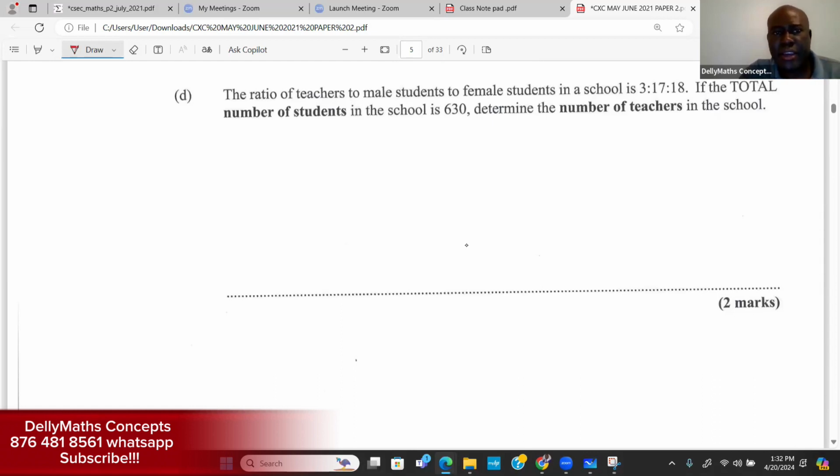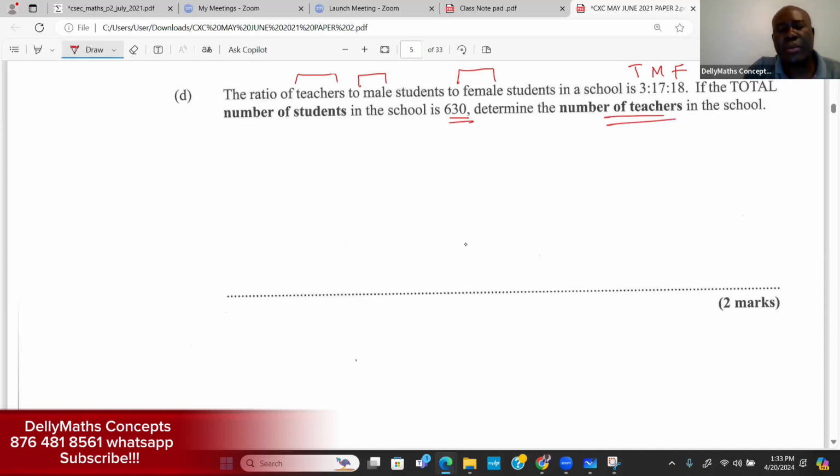Part D says that the ratio of teachers, so we're looking at the idea of teachers to male to female. So it was given, so this is T, this is M, and this is F in terms of the numbers. If the total number of students is 630, determine the number of teachers.